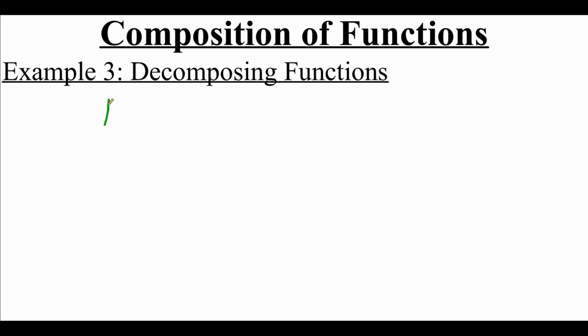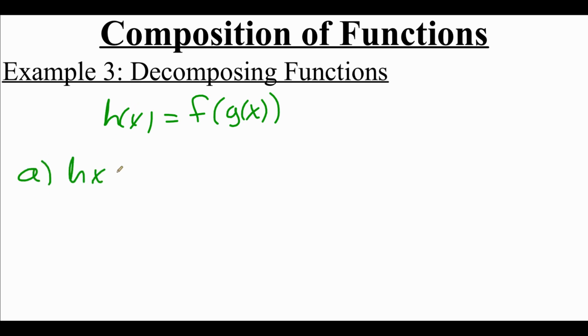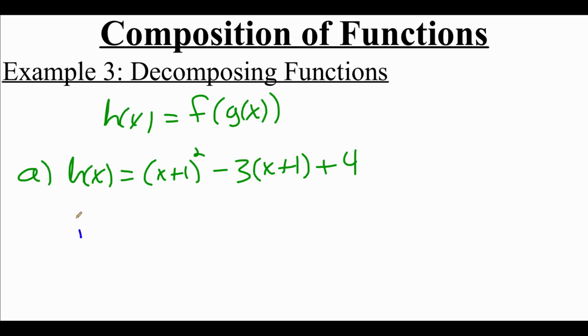So we're going to look at a function h of x, and h of x was created by doing f of g of x, and what we want to do is figure out the original f and g functions that would give us h of x when we do the composition. So we're going to look at this function h of x equals (x plus 1) squared minus 3 times (x plus 1) plus 4. And we're going to try to break this down into two smaller functions, f and g.